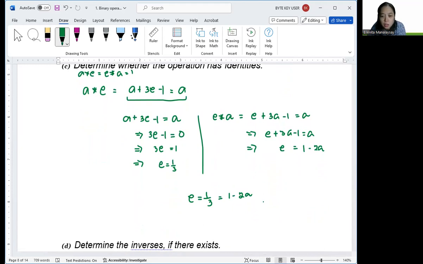Okay. So this says that E is 1 minus 2A. E is equal to 1/3. So seemingly, this could only be true if we have a specific value of A. Okay, this is actually not true. These two are not equal. So this implies that there is no identity element.